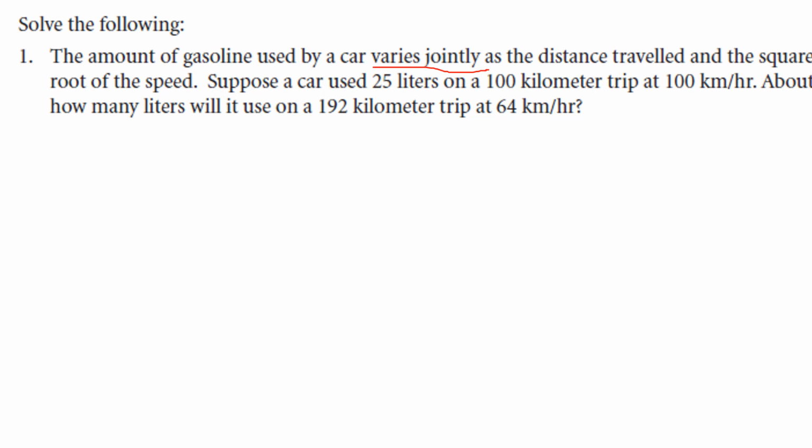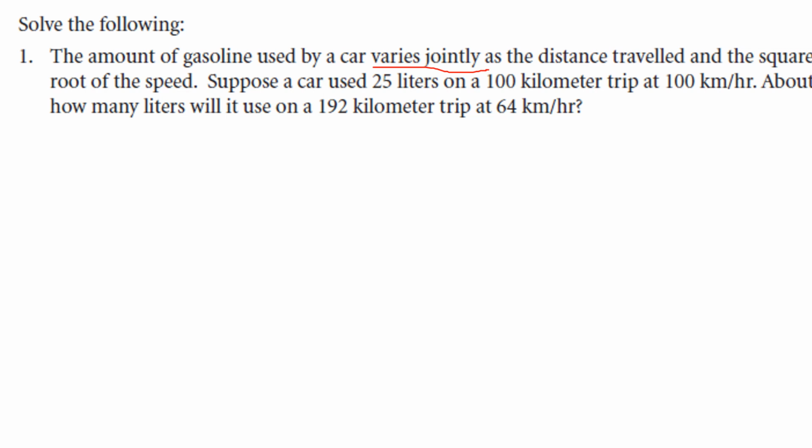Suppose a car used 25 liters on a 100-kilometer trip at 100 km per hour. About how many liters will it use on a 192-kilometer trip at 64 km per hour?